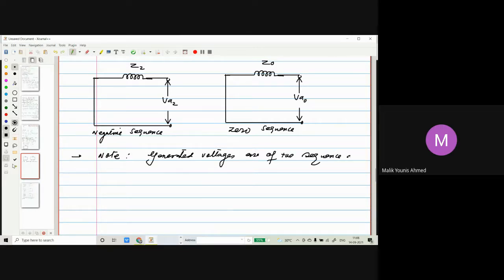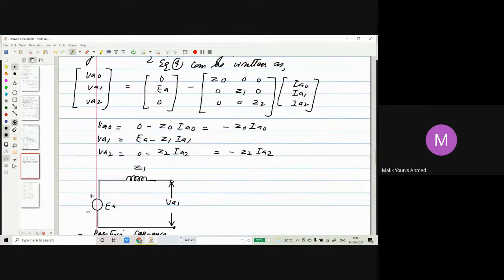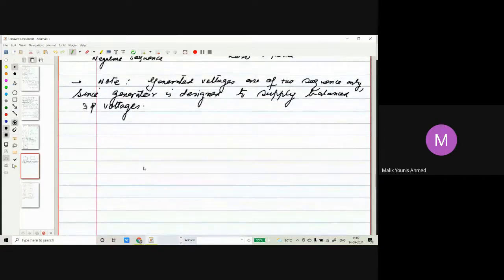No negative or zero, and the reason again I am giving: the generator is designed to supply balanced three-phase voltages. That's the reason.